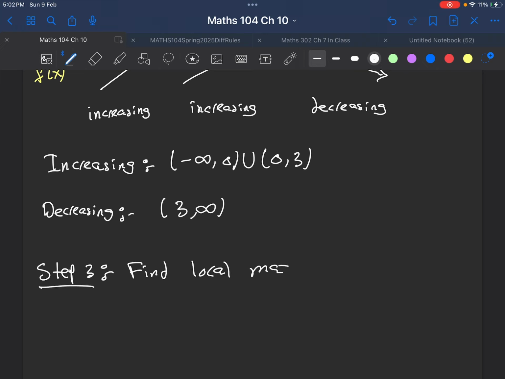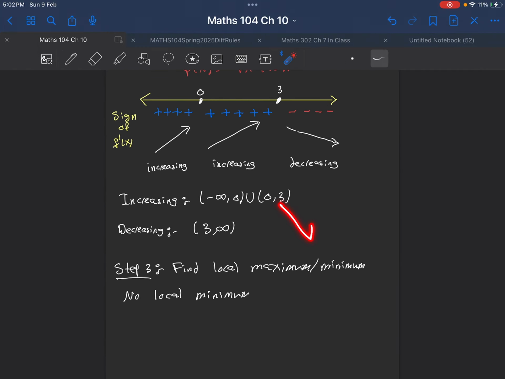What is the local maximum and local minimum? First of all, there is no local minimum. Why? Because if you can see, we don't have the function going down and then up. It's either going up, or once it goes down it will never go up again. So no local minimum. However, if I just take this statement here, we have a local maximum.